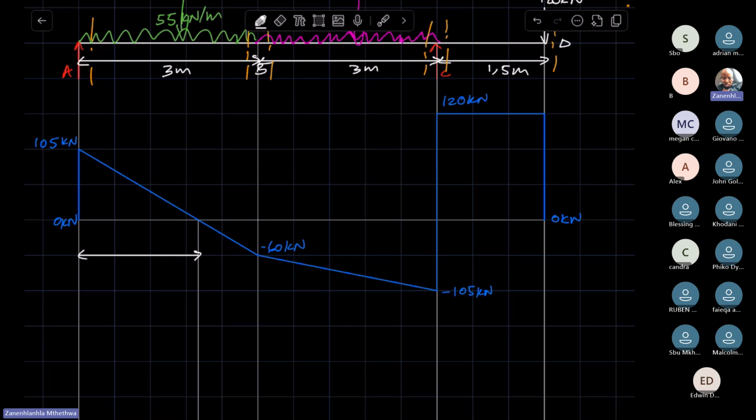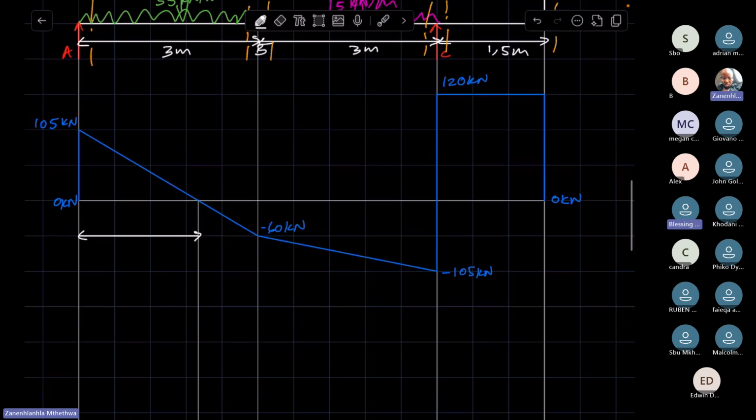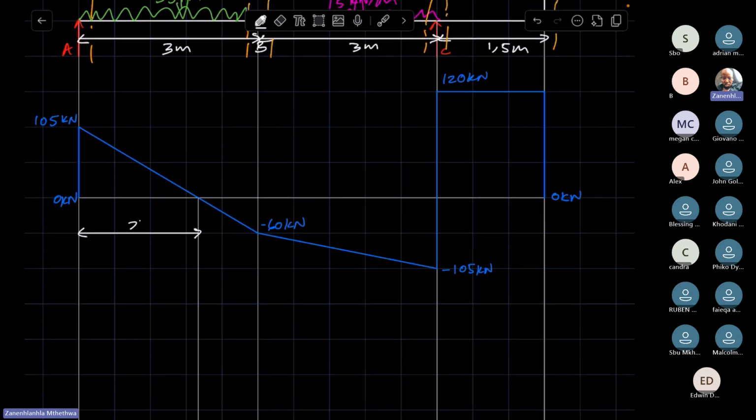Right, so let us call this distance x. Now remember that this entire span of the beam is 3 meters. So if we take this distance as x, this other distance will be equal to 3 minus x.